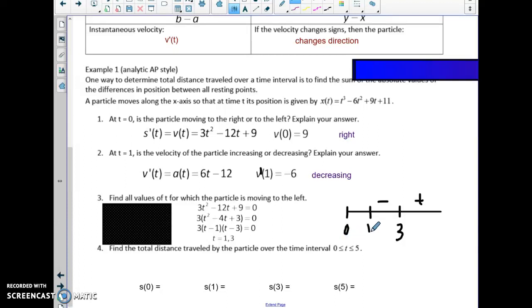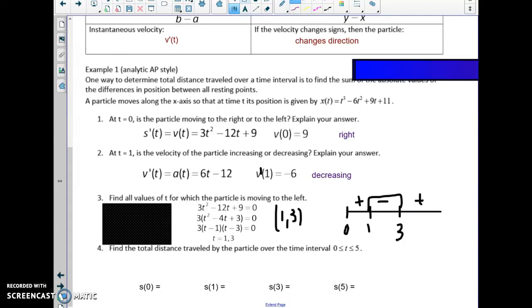And between 0 and 1, I should have positive. And if the particle is moving to the left, then that means the derivative has to be negative. So we're looking at all of this information, all that space right there. So it's moving to the left from 1 to 3. And we're actually going to see this again when we do the next part of the problem.